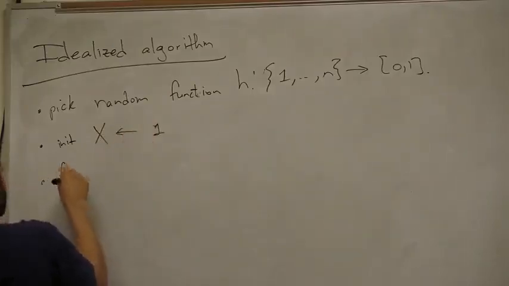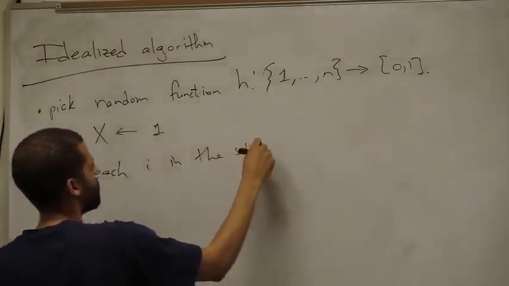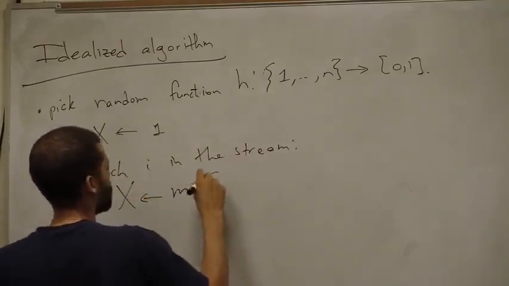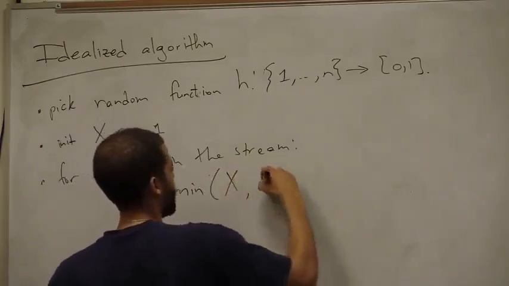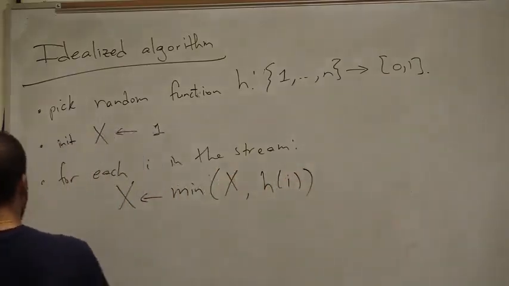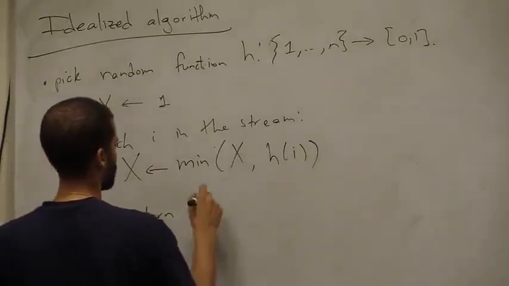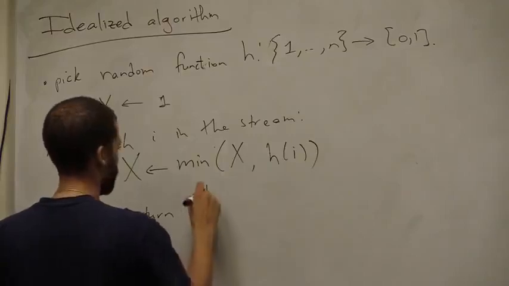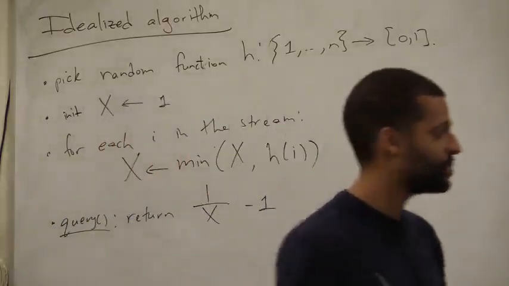And then for each i in the stream, I'll set x to be the min of what it was before and h of i. And then when someone says query, I'll return 1 over x minus 1.